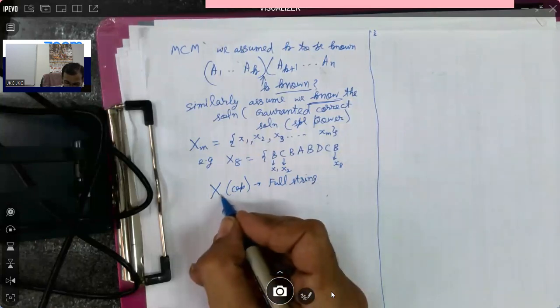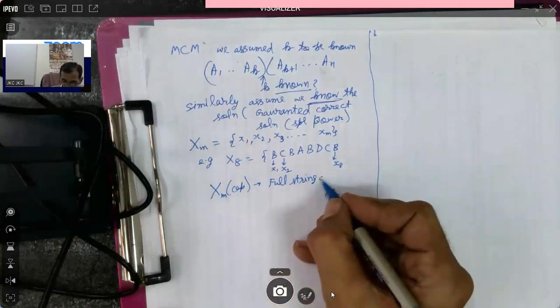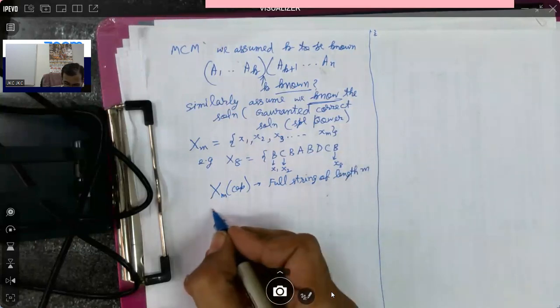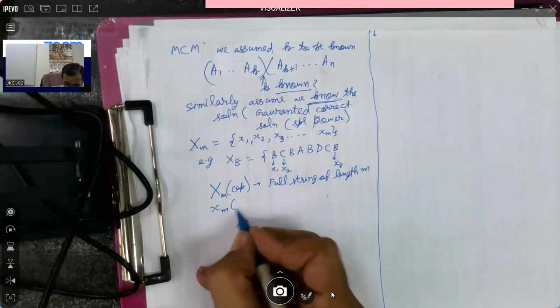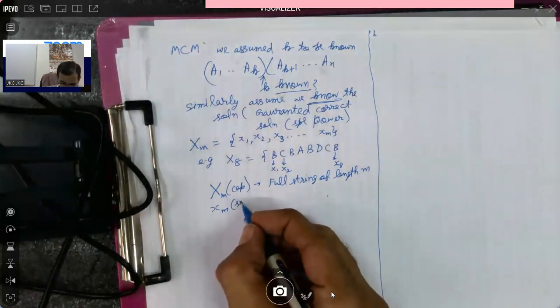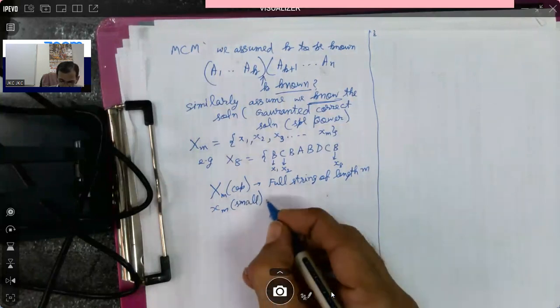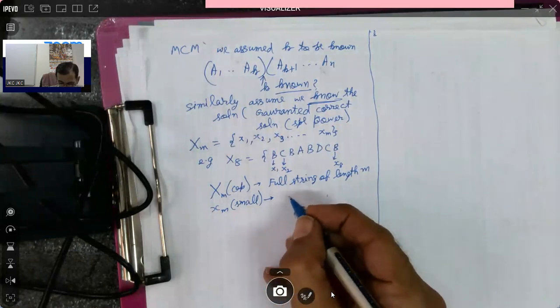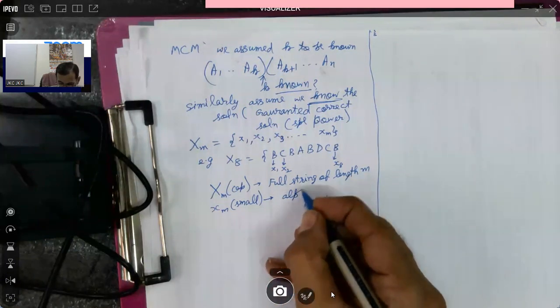So capital X I'm using to represent the full string of some variable, of length M. And small x means I'm trying to refer to one individual character, an alphabet.